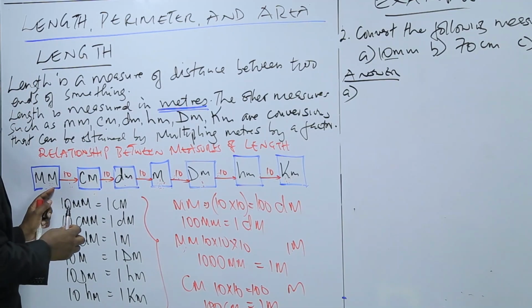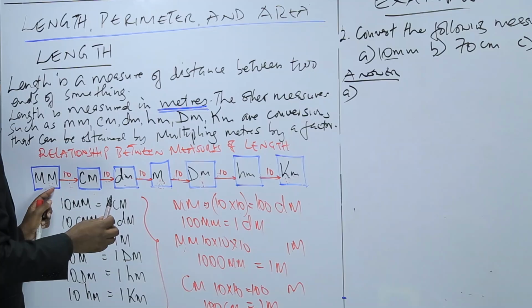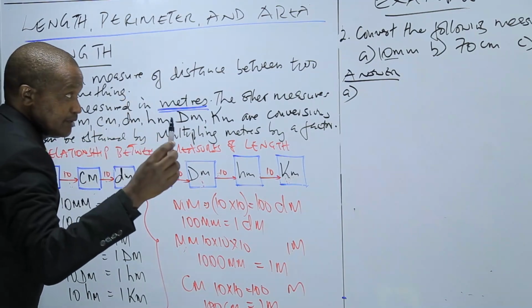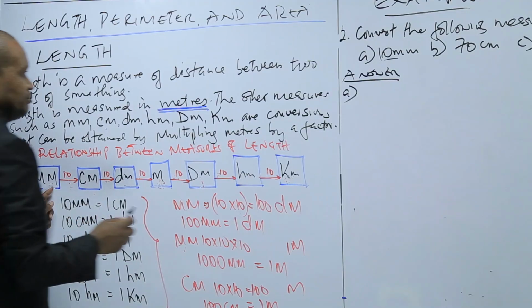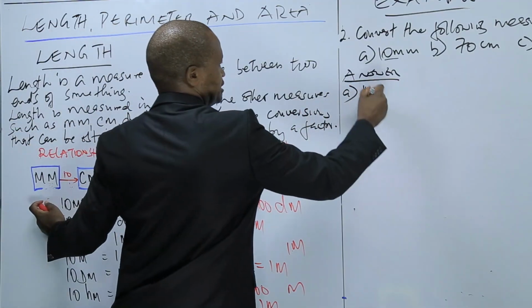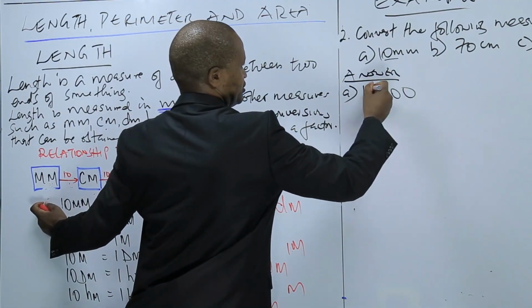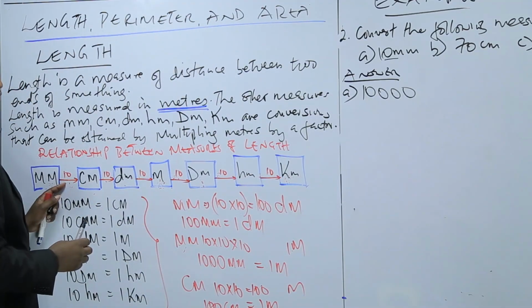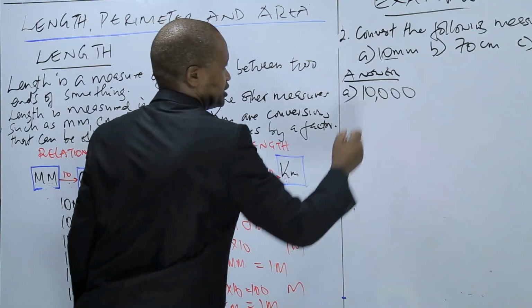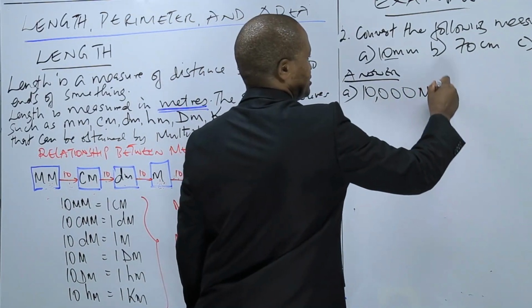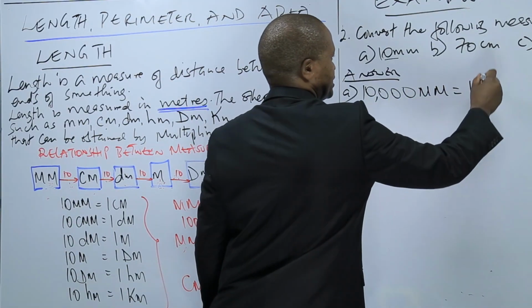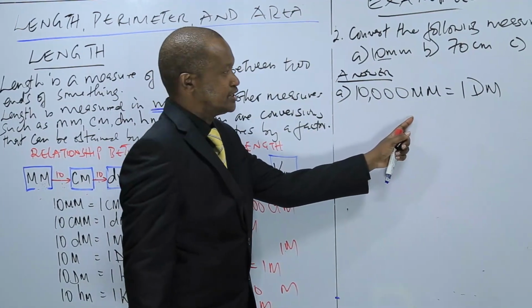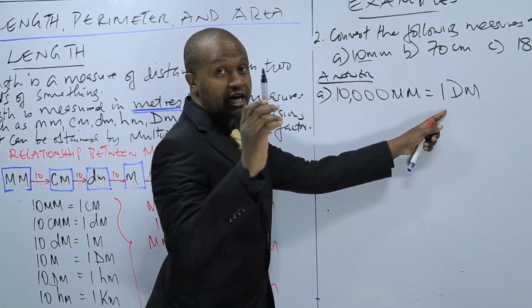That will give us the number of millimeters that make 1 decameter, which is 10,000. So 10,000 millimeters make 1 decameter.